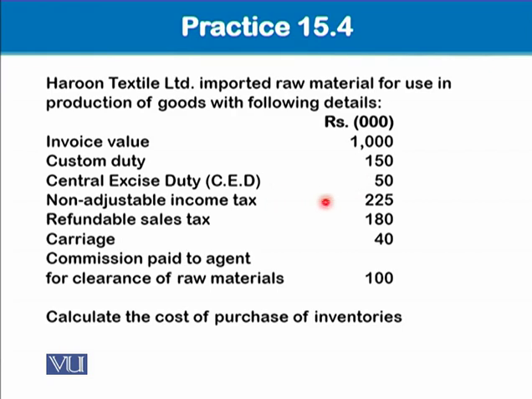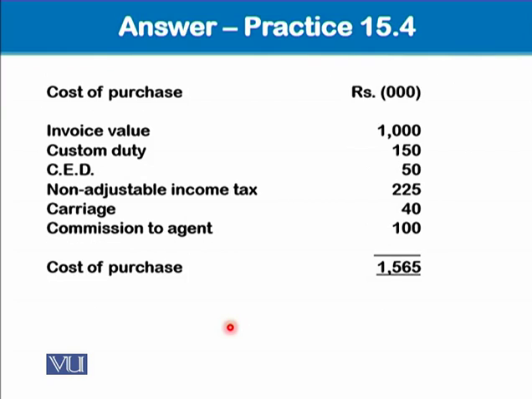Non-adjustable income tax is 225, whereas refundable sales tax is 180,000. Carriage that we have paid on this purchase is 40,000, and the commission paid to agent for clearance of raw material is 100,000, and we have to calculate the cost of purchase of inventory.